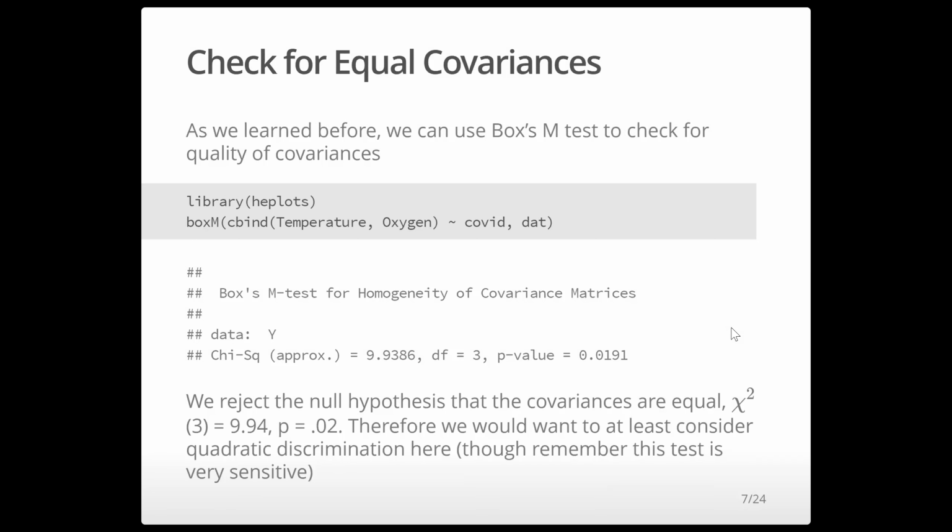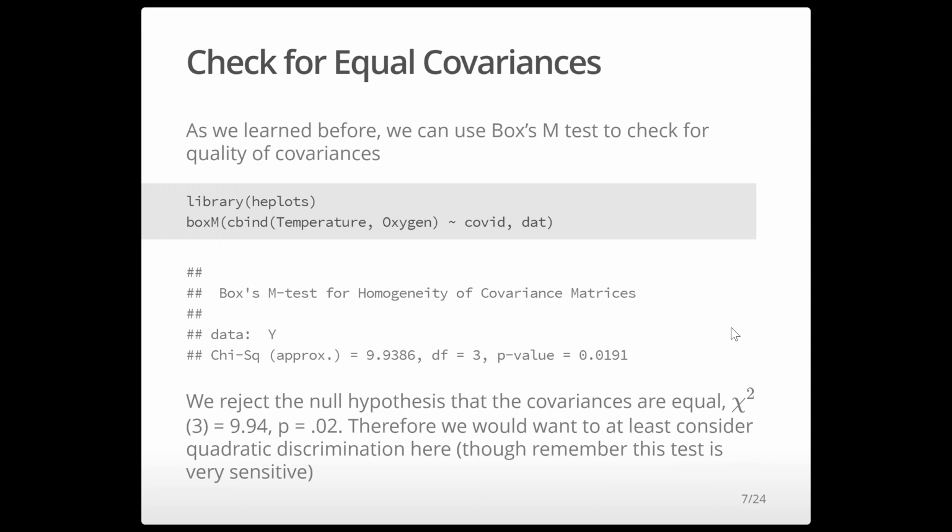So one thing we might want to check is the Box's M test to see if we need to reject the null hypothesis of equal covariance matrices. Here in this case, I run the Box's M test. I get a large chi-square, a p-value below 0.05. So I reject the null hypothesis that the covariances are equal. When this is the case, we at least want to think about quadratic discrimination.